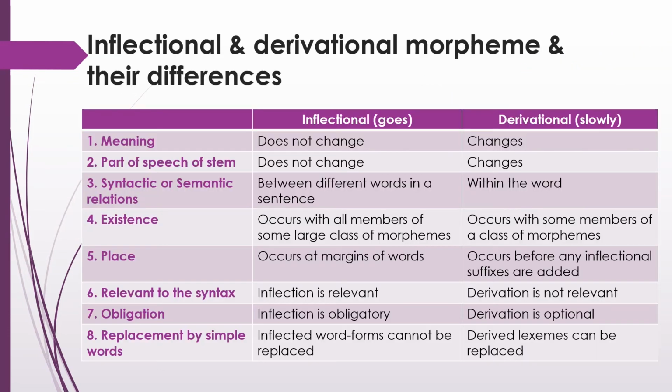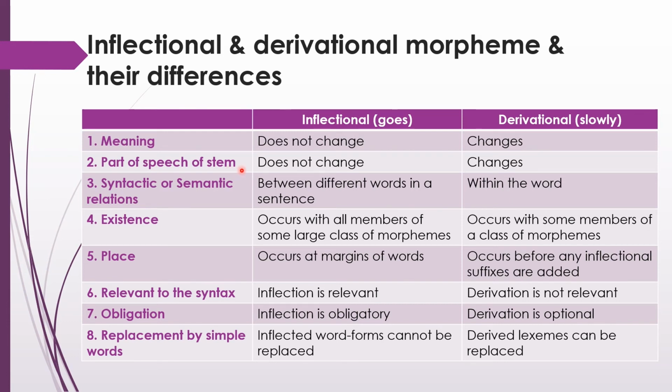So the differences between inflectional and derivational morphemes: this particular slide looks very hazy, but I wanted to give you some concrete information about the differences between inflection and derivation. I believe it will be very easy if you analyze the differences by focusing on the examples, goes and slowly. First one is meaning. Inflectional morpheme does not change meaning, but derivational morpheme changes meaning. And inflectional morpheme does not change the part of speech of a stem, that means the prime morphological unit.